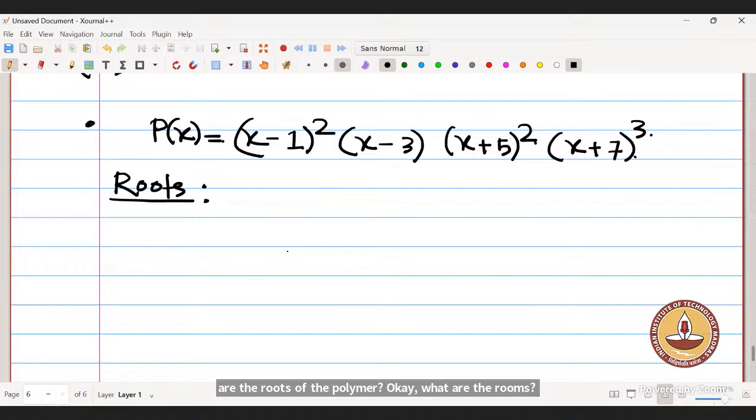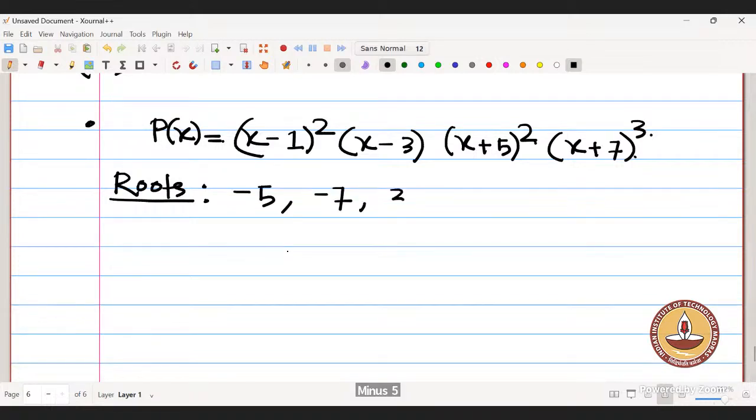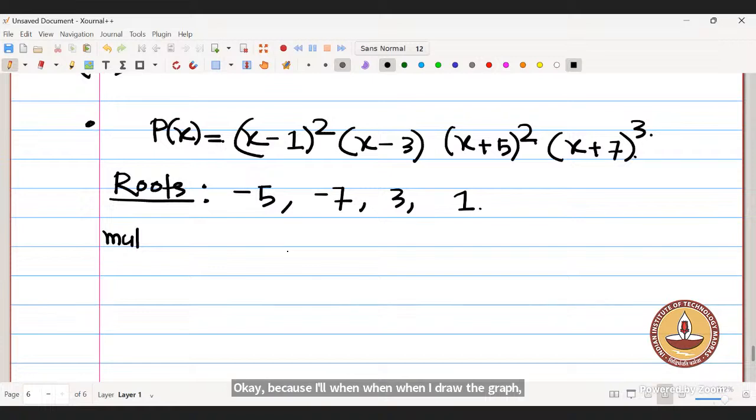As you can clearly see, this polynomial has only 5 roots: minus 5, minus 7, 3, 2 and 1. And the next thing is the multiplicity of each, because when I draw the graph, I'll explain why we need this multiplicity.